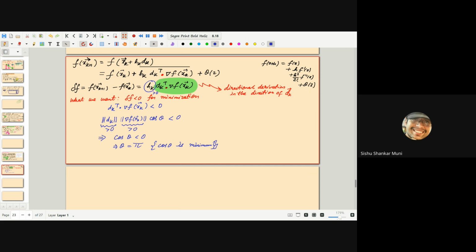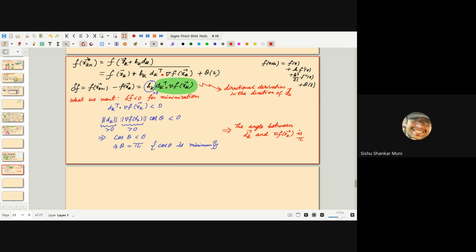Now, what does theta equal to pi mean? It implies that the angle between the dk vector, the descent direction in your algorithm or numerical method, and the gradient of the function at xk is 180 degrees or pi.